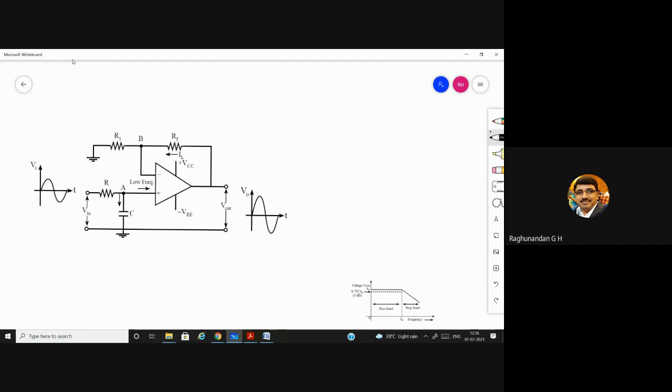Next topic, design of low pass filter. You can just look into the circuit.